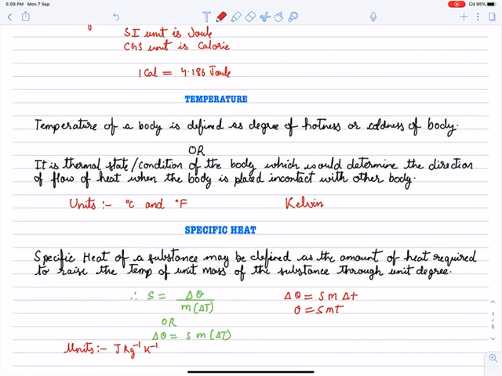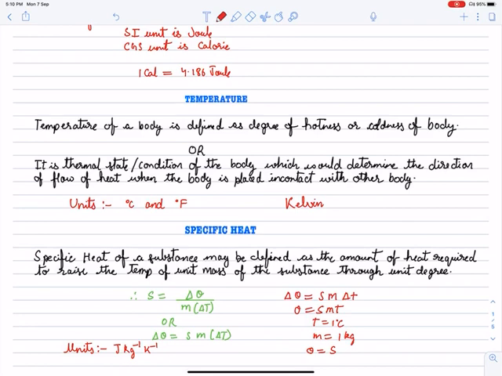So when I keep the temperature change at 1 degree Celsius and the mass at 1 kg, then Q is equal to S.